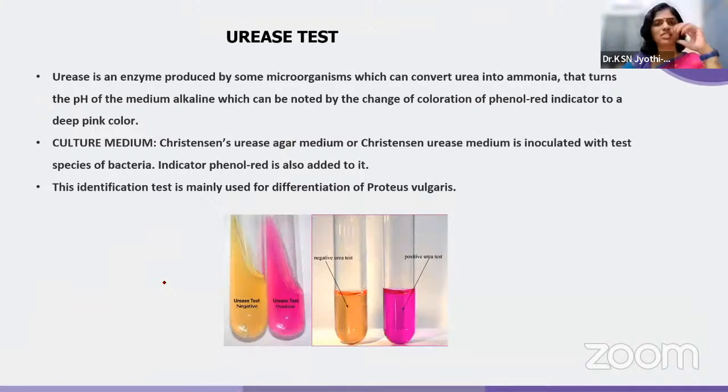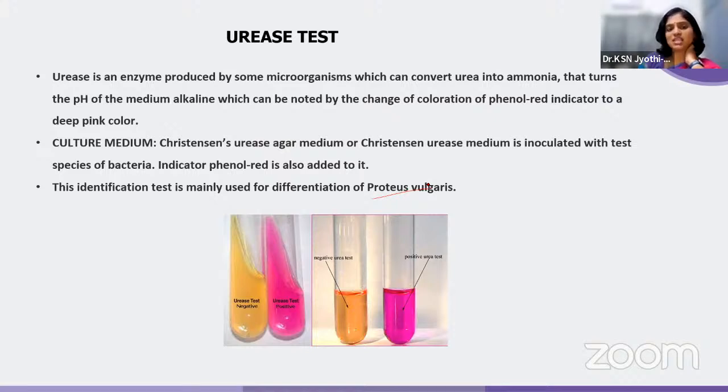Now, these are the 4 tests. Commonly, those 4 tests along with the urease test are used to rule out whether it is a coliform bacteria, Enterobacter, or any other species. Generally, to differentiate specifically if it is Proteus vulgaris or not Enterobacter, we do this urease test.